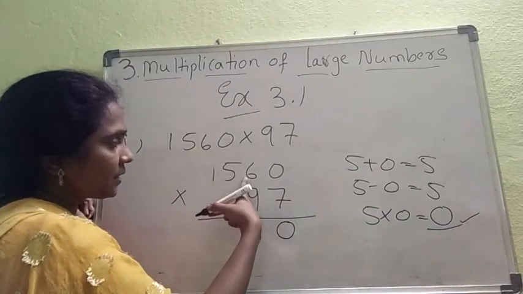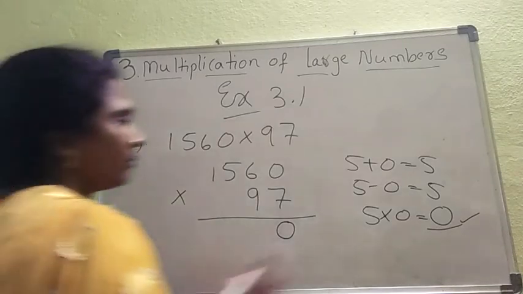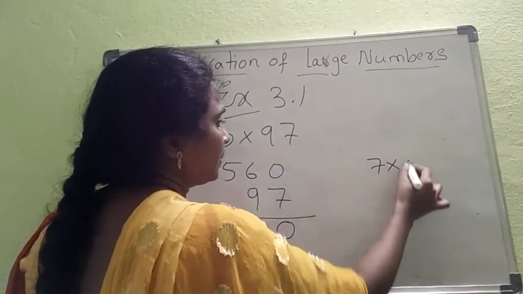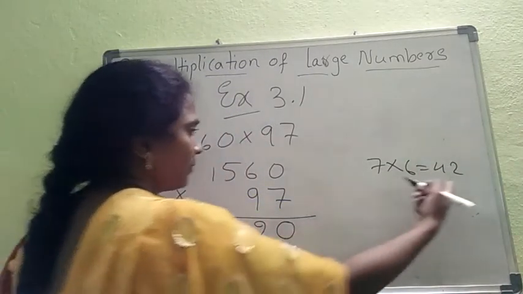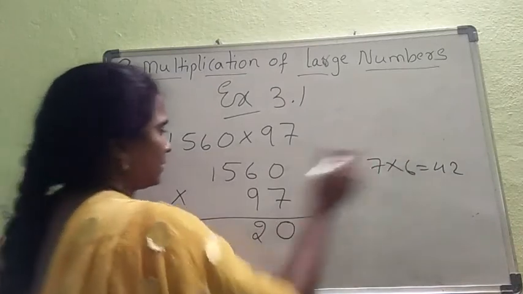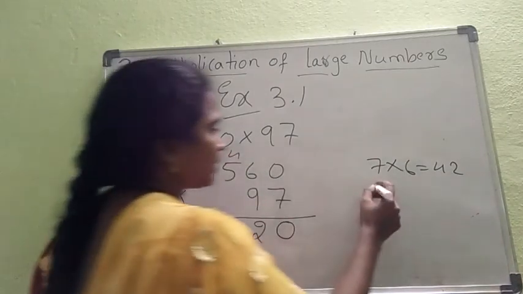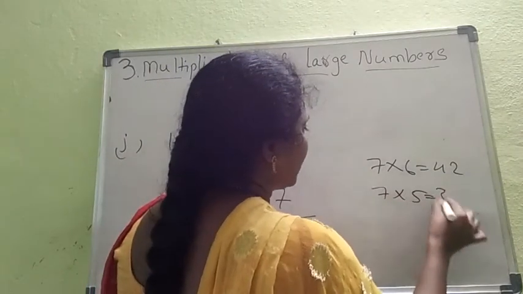Next, 7 sixes are 42, right? 7 into 6, that is 42. It is a 2-digit number, so the ones digit we take, that is 2, and the tens digit is a carry forward. Next, 7 fives are 35.